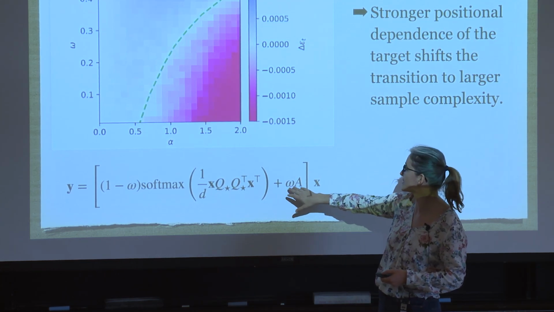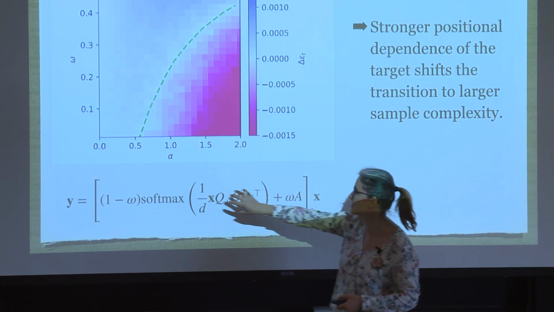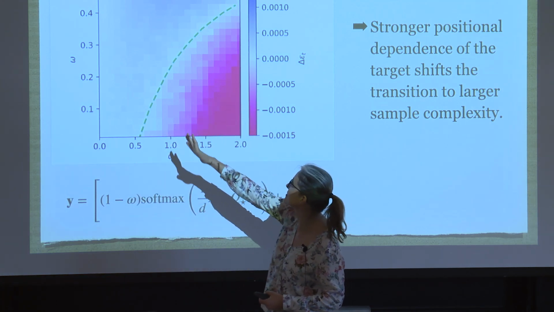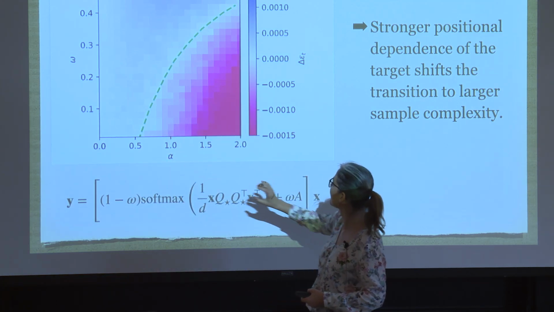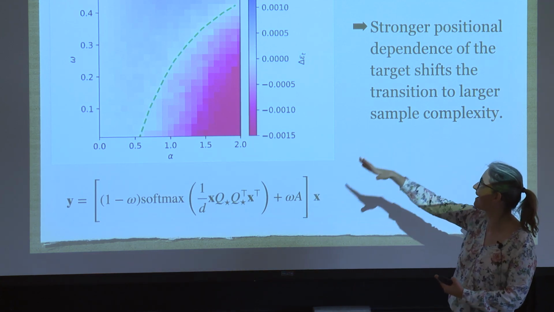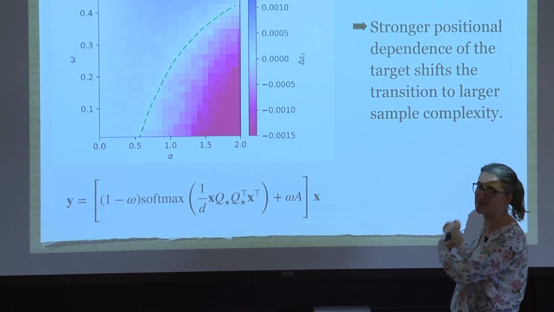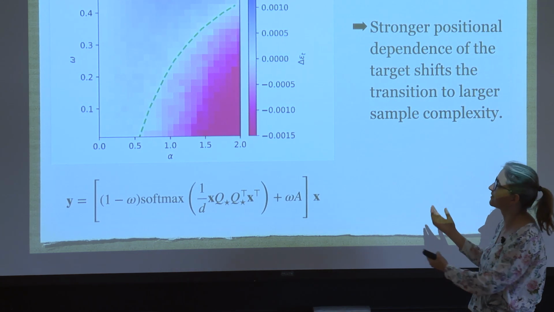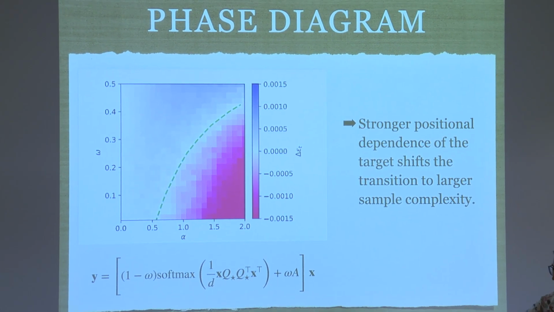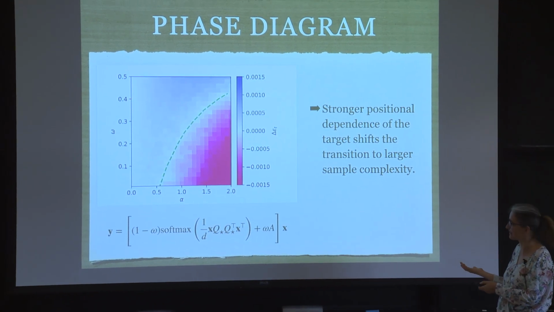And omega was parameterizing how much I'm using the positional information to generate my labels. And when I look at how the phase transition shifts when omega changes, the more position is used in the ground truth, the higher the number of samples needed to start using the semantics. This makes sense: the more positional the ground truth is, the larger the region where this is actually the right fixed point. So we can extract things like that.